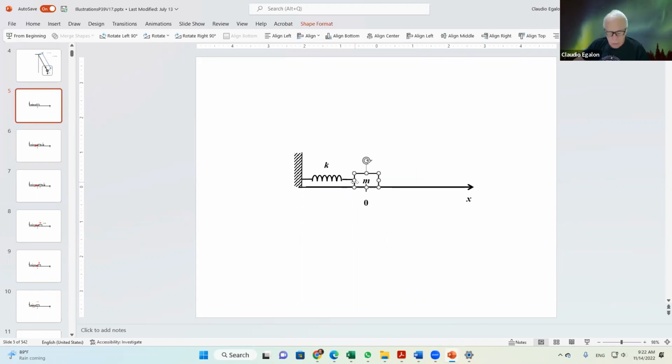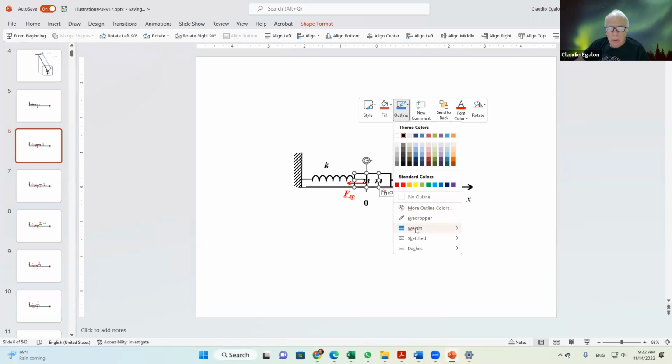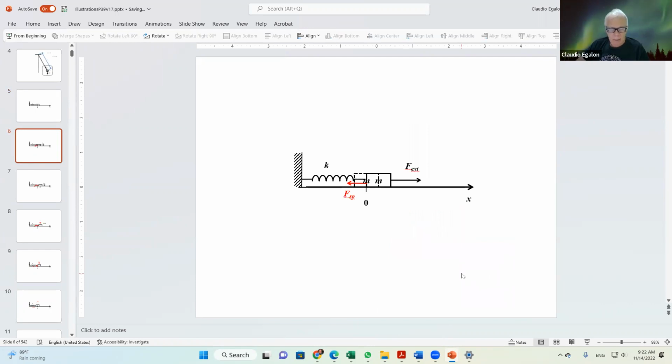I'm going to put a little ghost mass here so you can compare what's going on. See that there is a little bit of a displacement from the position of equilibrium.